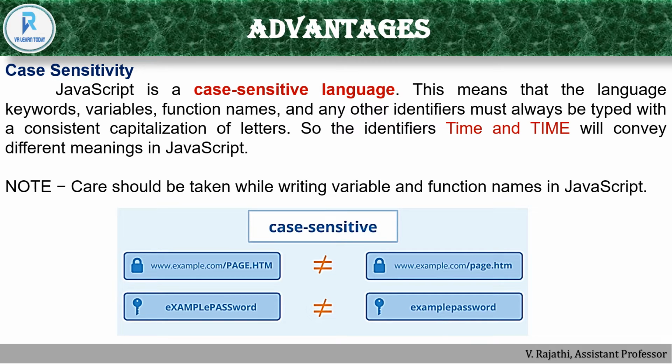This is an example of case sensitivity. See, on both sides they are giving the page name and the password. Everything except one alphabet is the same. But because of case sensitivity, the small a is not equal to the capital A.